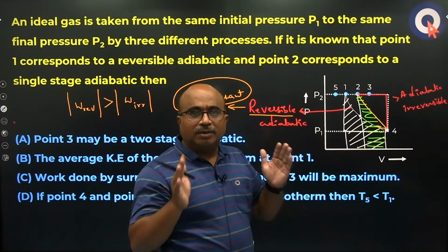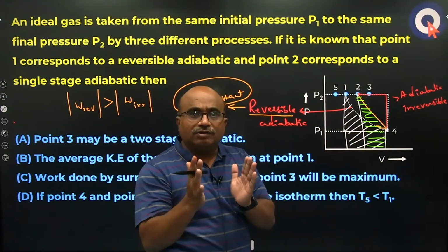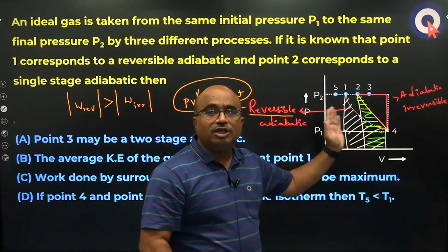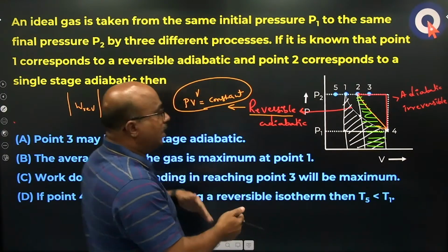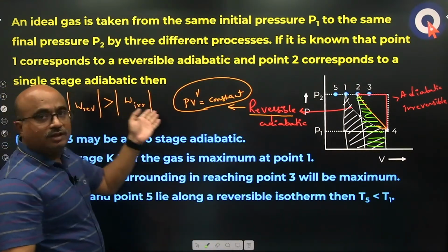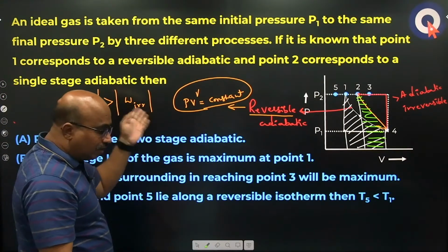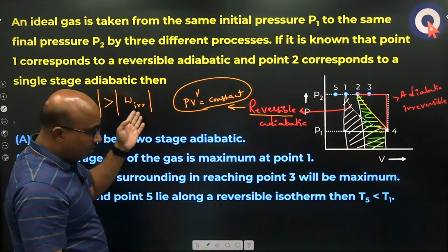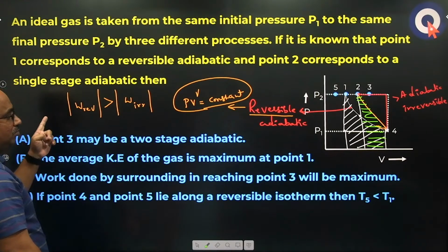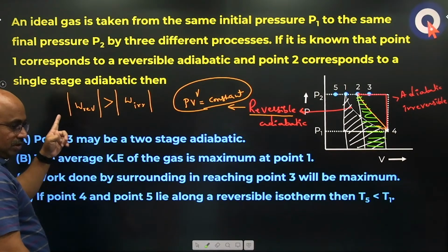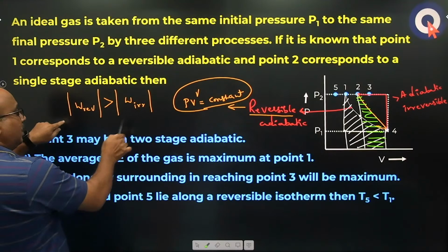So when a process is done in a 2-stage or a 3-stage, it always lies in between these two. Work need not be more than this, not less than this. When it is done in a single stage, it will be lesser. When it is done in more number of steps, it will be maximum. So work always lies in between these two.